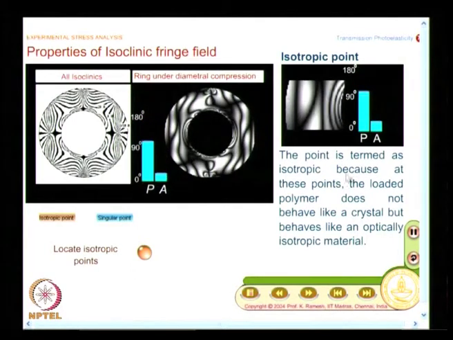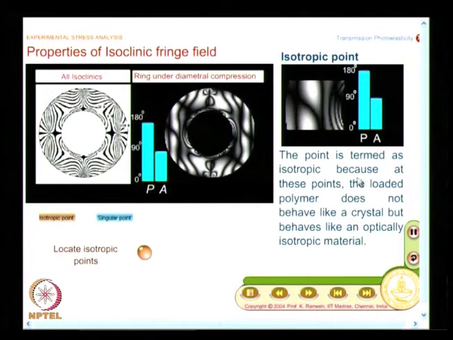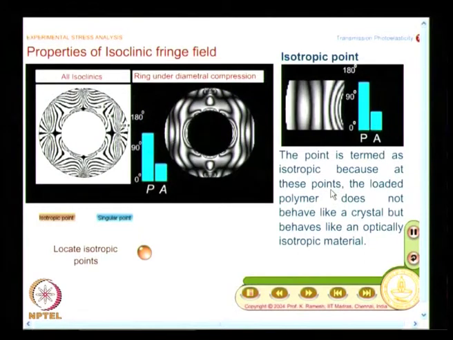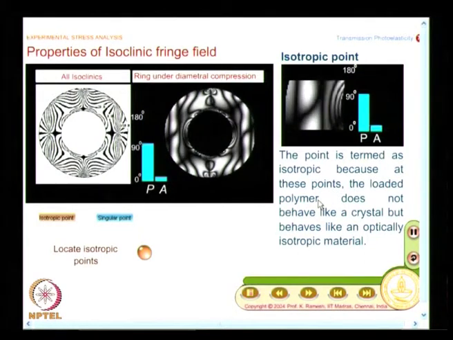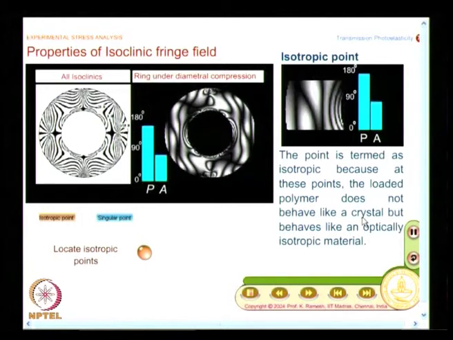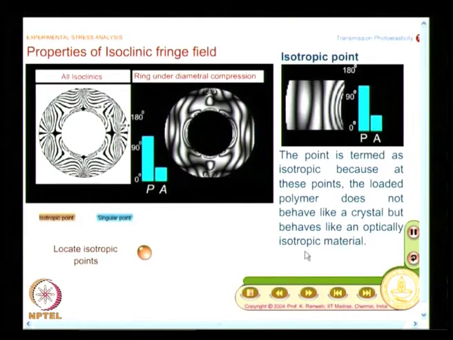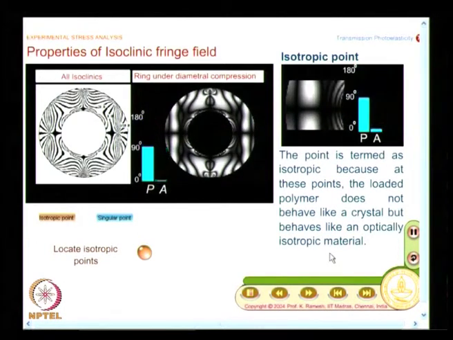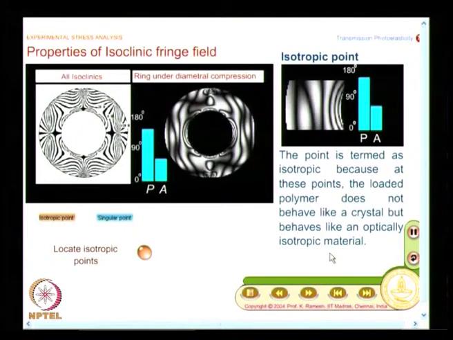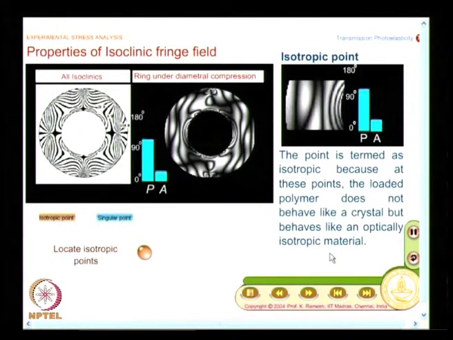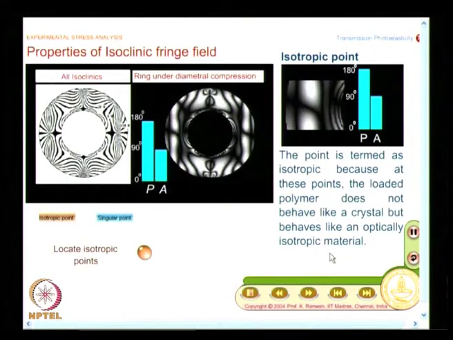It is termed as isotropic because at these points the loaded polymer does not behave like a crystal, but behaves like an optically isotropic material. Every axis is principal stress direction. Even when you do the principal stress direction evaluation, you can have a situation every direction is a principal stress direction, that is what is happening in an isotropic point.